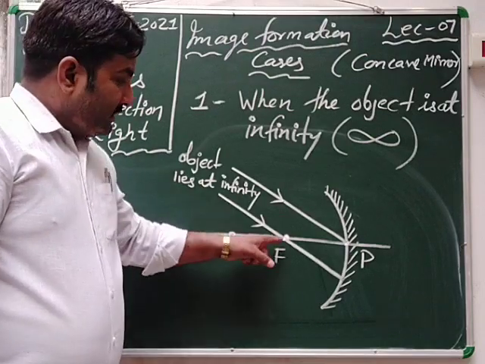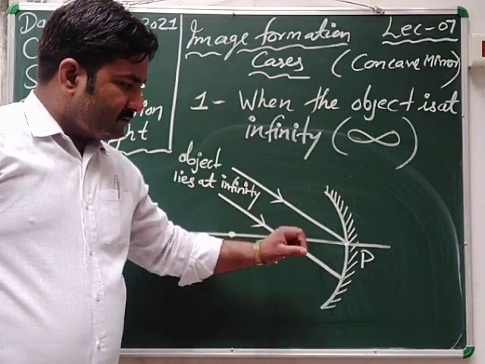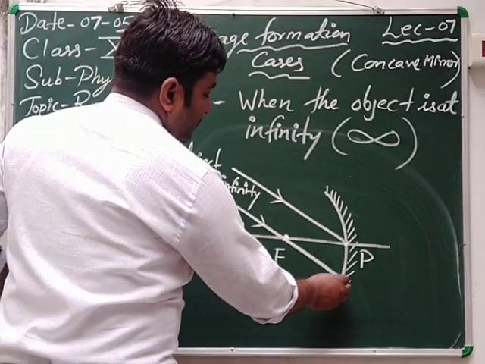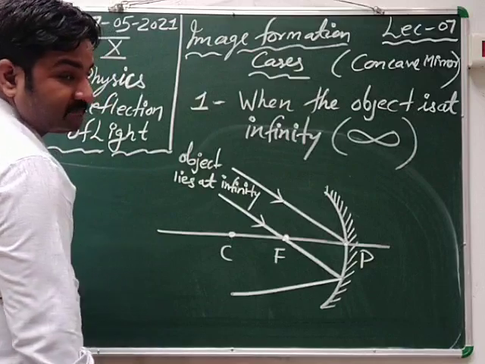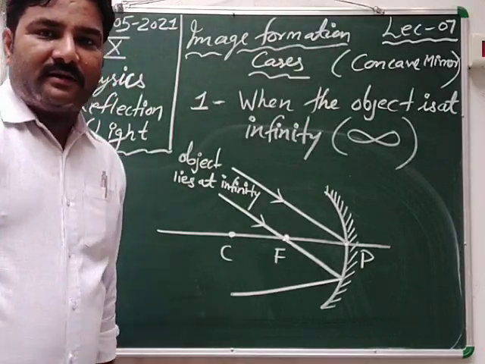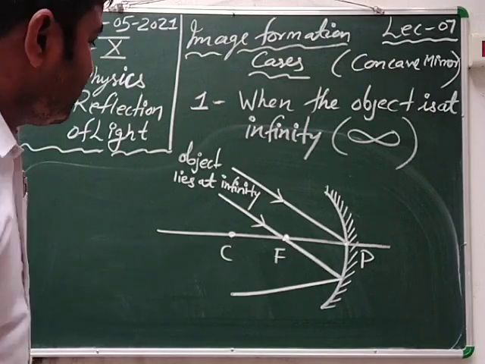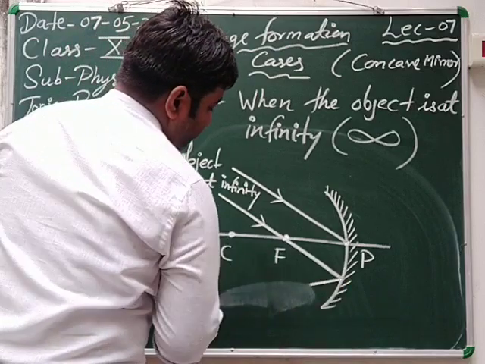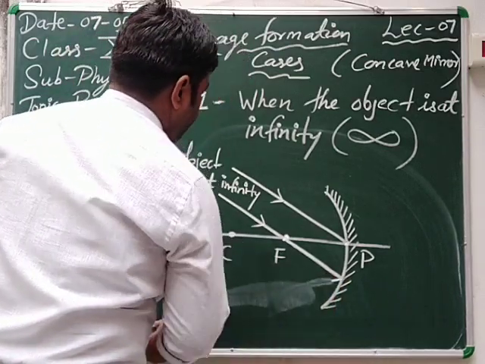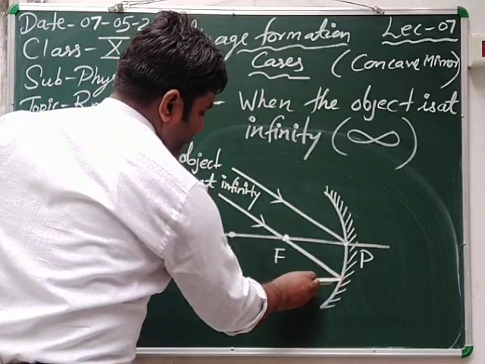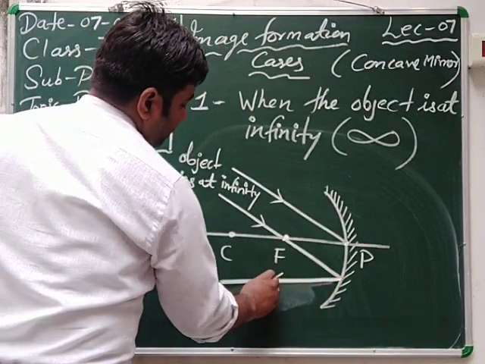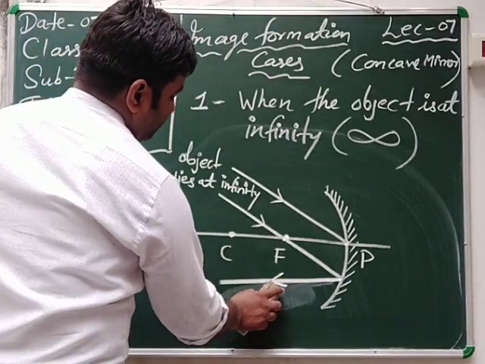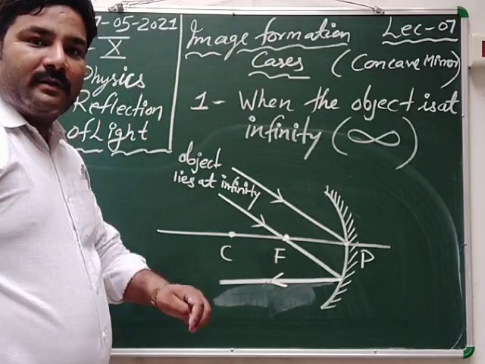This one ray passes through focus, then after reflection by the concave mirror becomes parallel to the principal axis. This is not parallel, so just see, the ray should be parallel. This one is parallel to the principal axis. Clear? And the next ray, what is it?